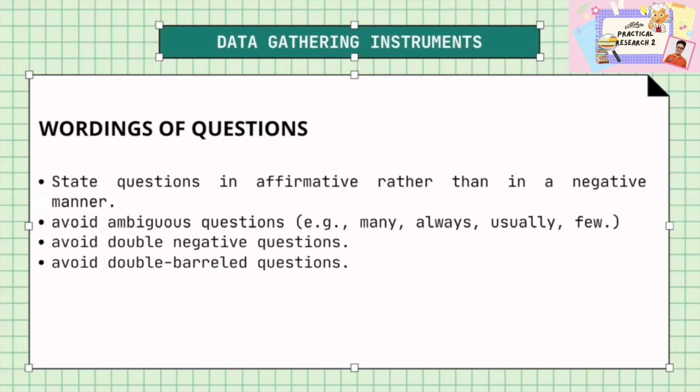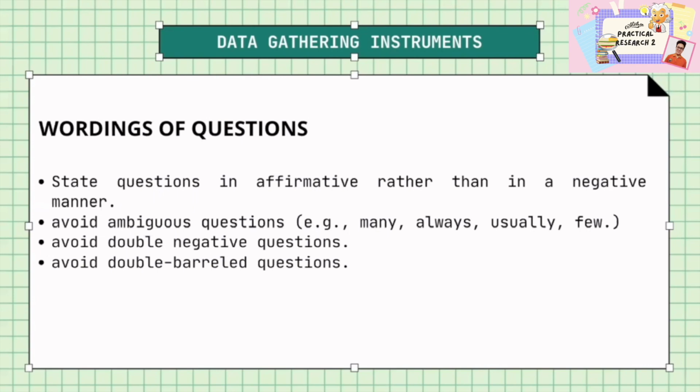Avoid ambiguous questions by omitting the words many, always, usually, few. For example, you have a question, to what extent do the senior high students play online games? You may use a Likert scale.